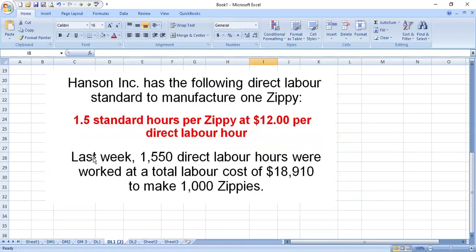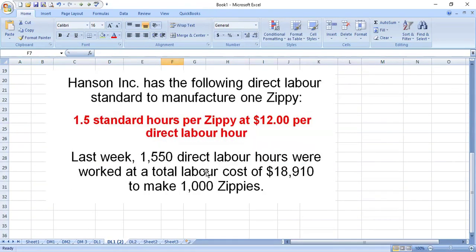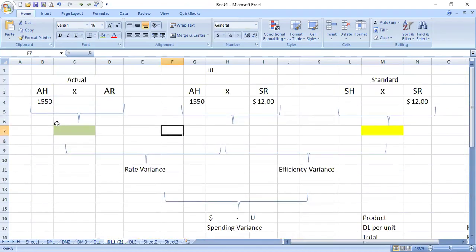Next thing, last week, 1,550 direct labor hours were worked. We can see the actual hours, 1,550 here and 1,550 here. And the total labor cost that we pay for 1,550 hours is $18,910.